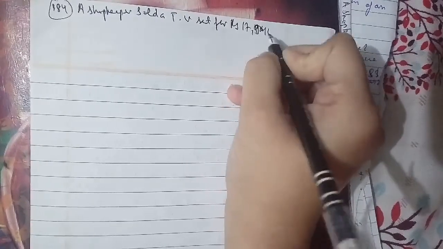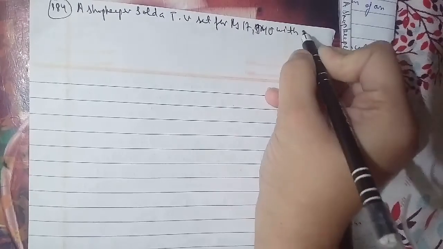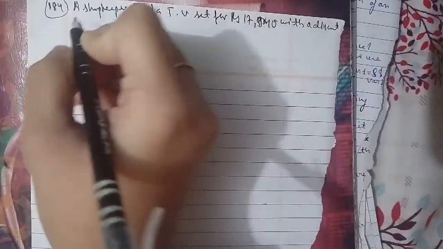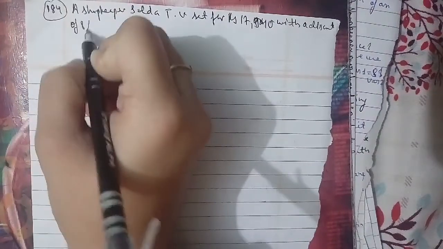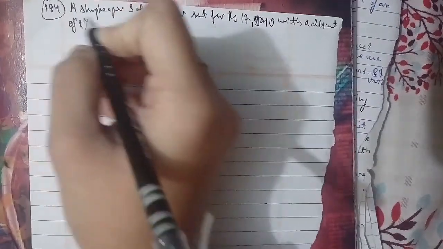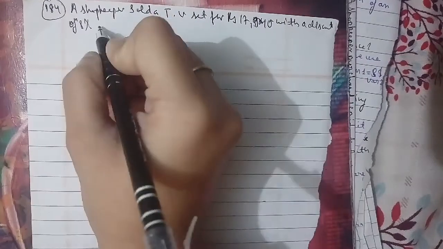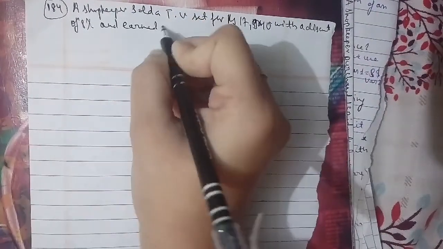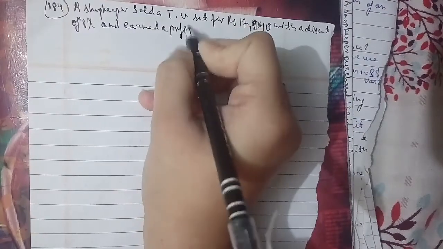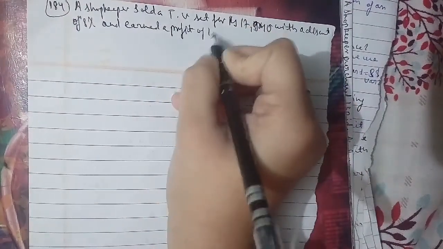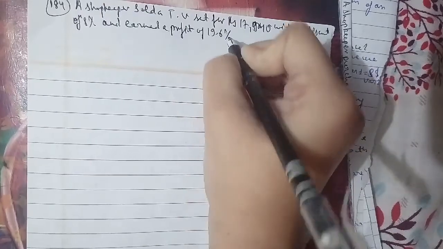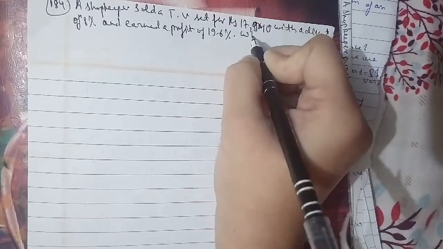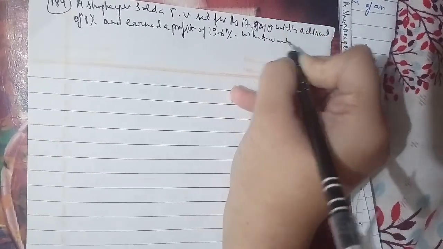Selling price is equal to rupees 17,940. Let the marked price be rupees X, then 92 upon 100 X equals 17,940.